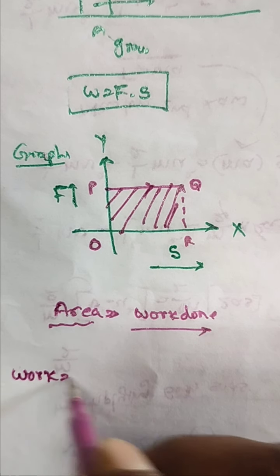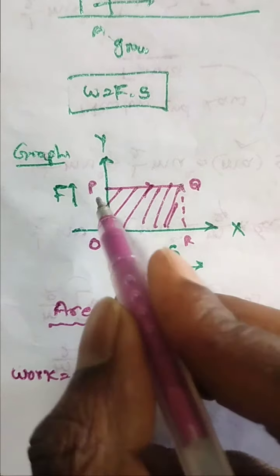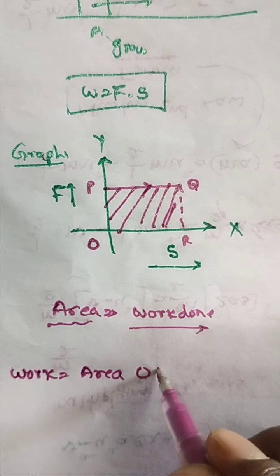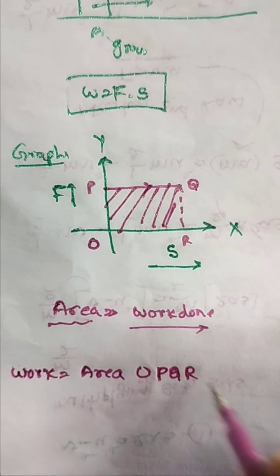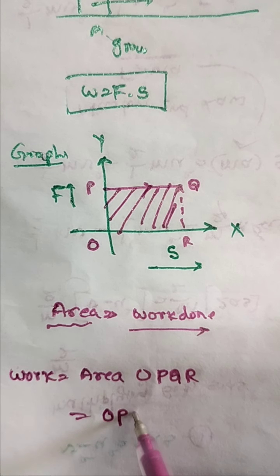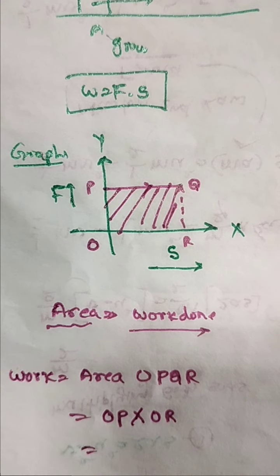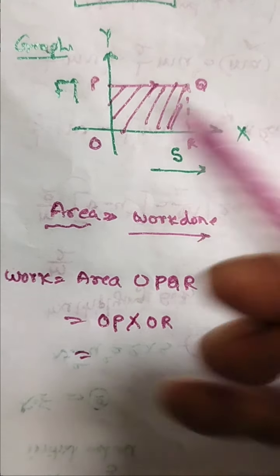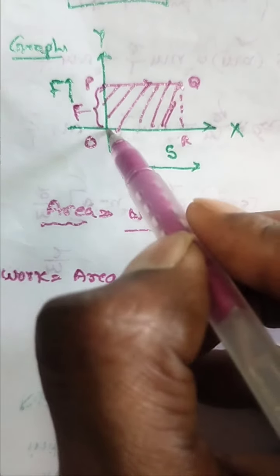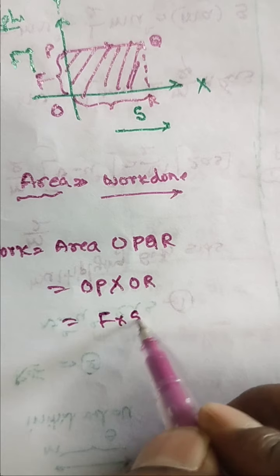Work is equal to the area of OPQR. We know that very well: length into breadth, OP into OR. Here OP is F and OR is S. So that is F into S.